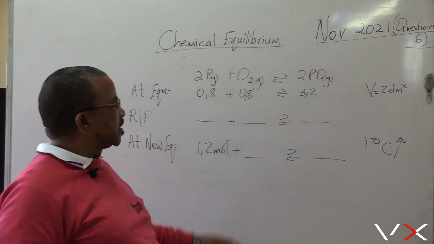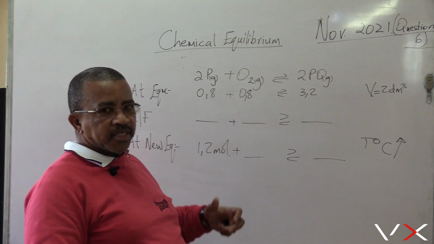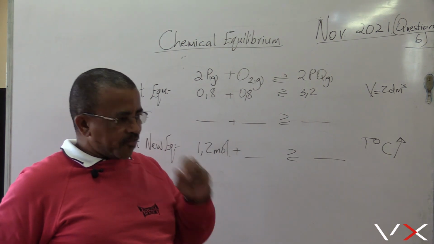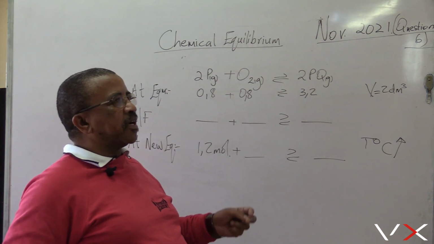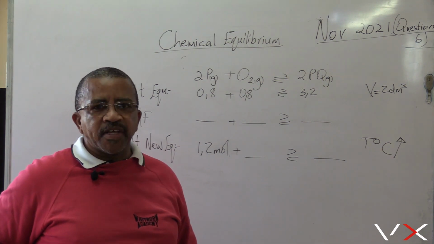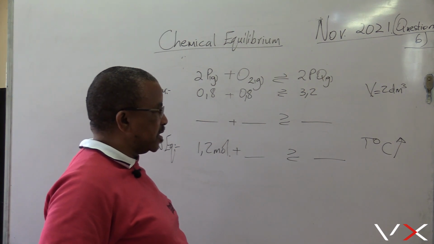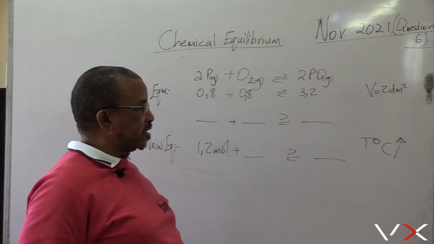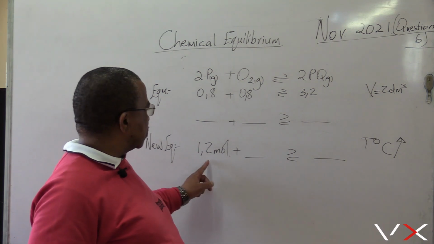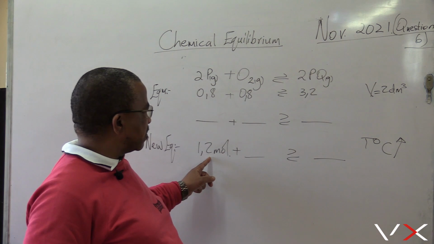So when temperature is increased, uyabona ke seyakama reactants kakhulu, the reverse reaction is favored. When you increase temperature, if the reverse reaction is favored, meaning the reverse is endothermic, then the forward is exothermic. When the new equilibrium is established, it is found that 1.2 moles instead of 0.8 moles in the container.